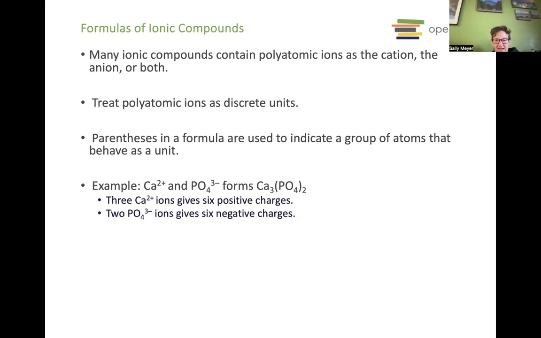So if you think about calcium phosphate, it's 3 calcium and 2 phosphates, but you have to put the parentheses around the phosphate because the PO4 is a unit that you don't pull apart. That shows you that you need 2 of that entire unit in order to balance the charge on 3 calciums.